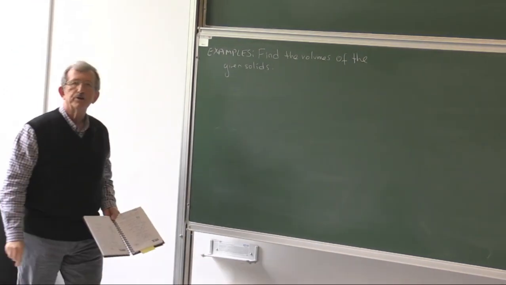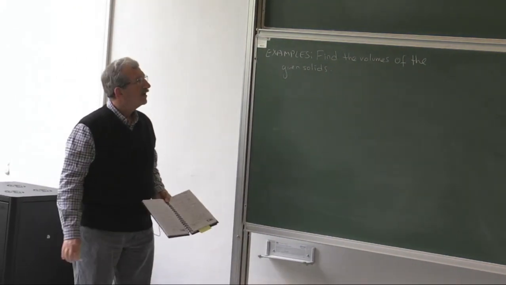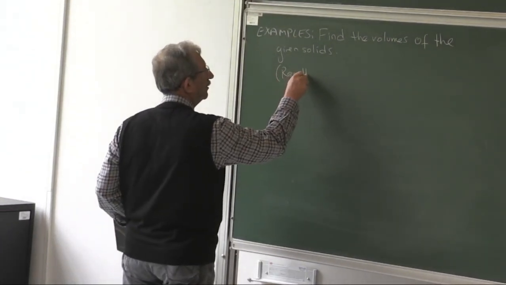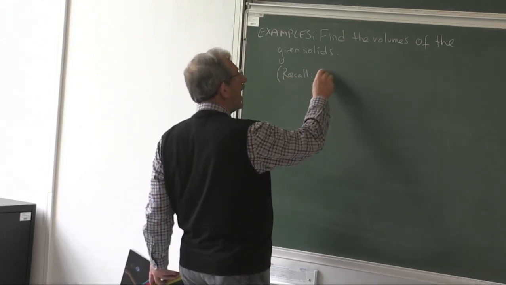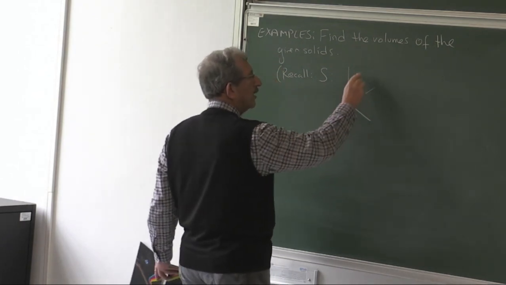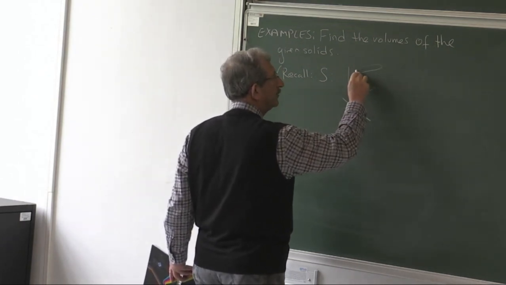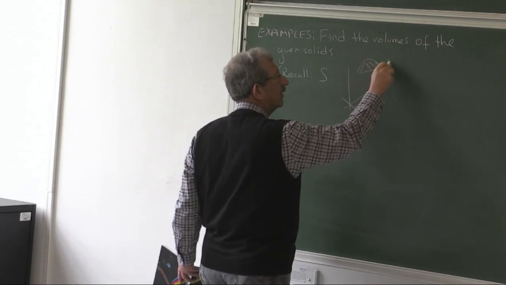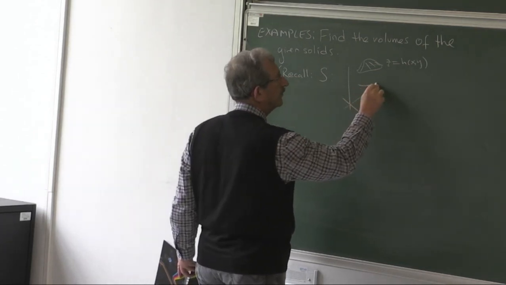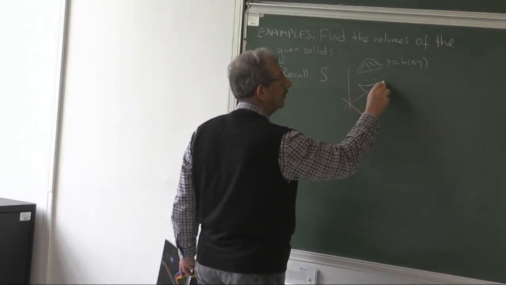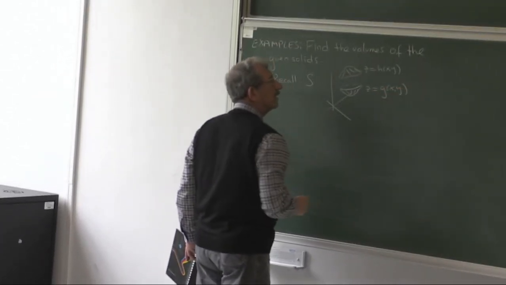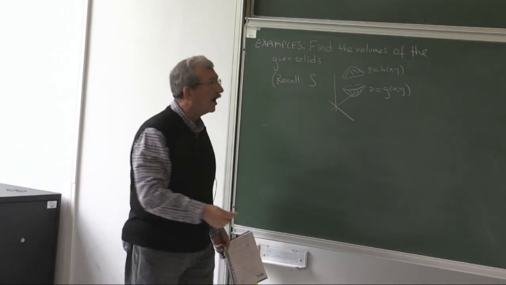Now, before we venture into concrete examples, we already mentioned that, but let us recall the following. If we have a solid which looks like the following, we have a top part, a surface at the top, z is h of xy, and a part at the bottom, say z is g of xy, and the sides go vertically down.